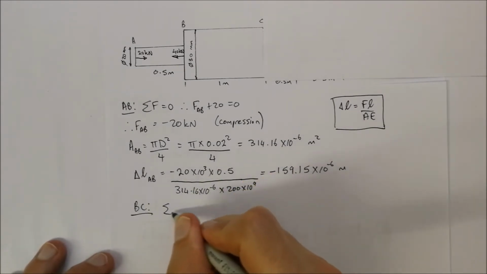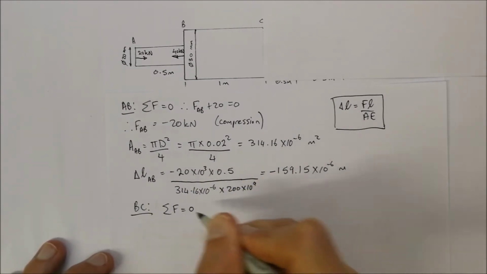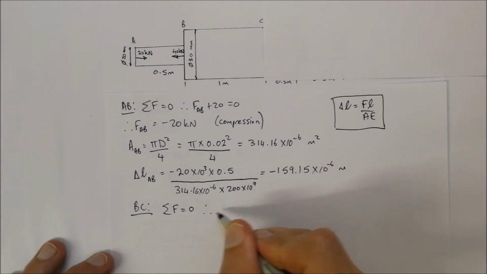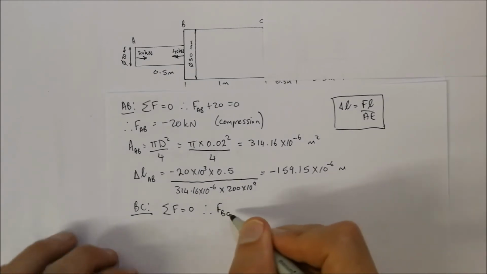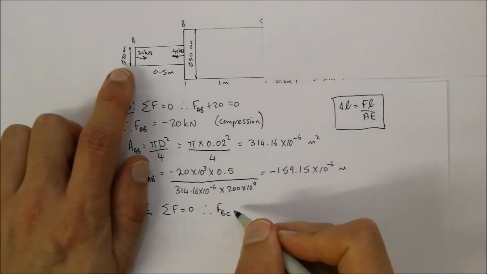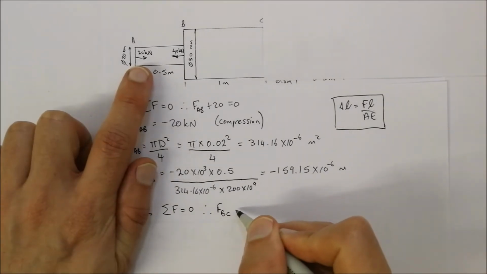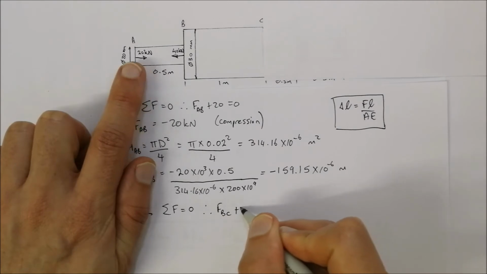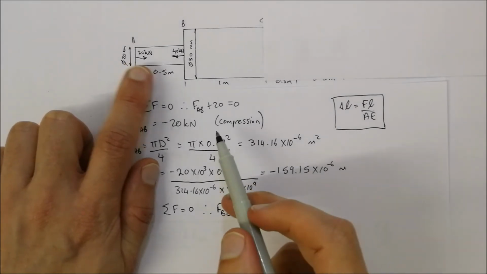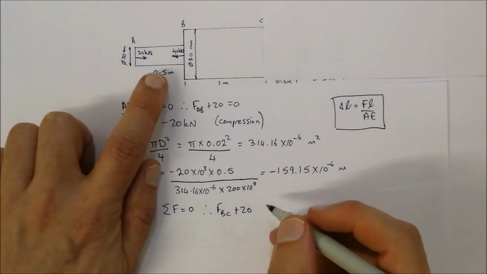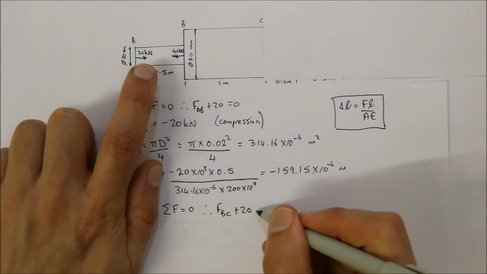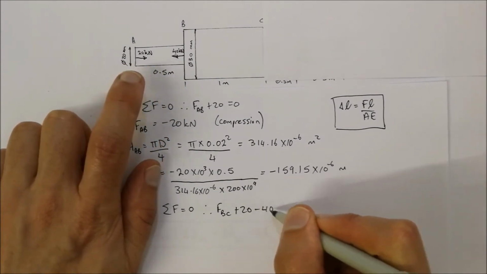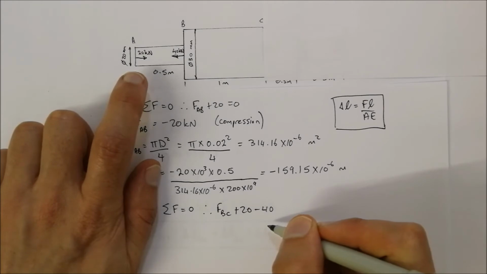Sum of forces is equal to 0. Therefore, the sum of force of BC: we've got plus 20 over there, which is at A. We've got minus 40 because it's going towards the left. And that is all.